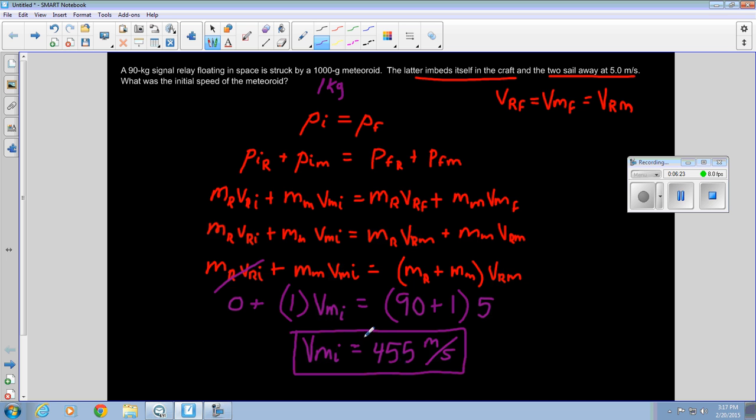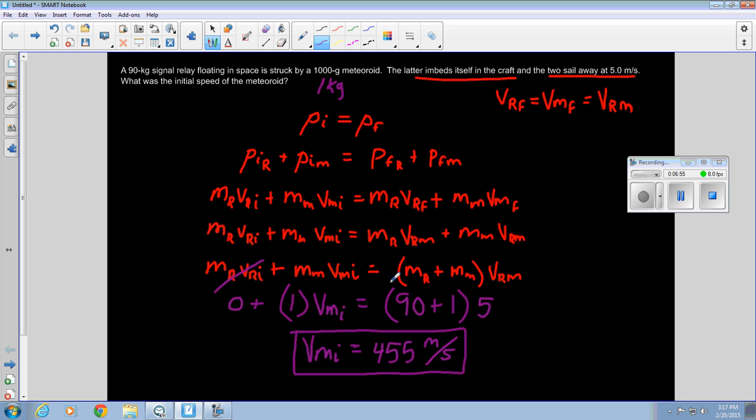And it needs to have a very high velocity if it's going to move that relay. One thing we need to note when you're solving these types of problems: if I had a velocity for the relay, if they were going towards each other, one would be going one direction, one would be going the other way.